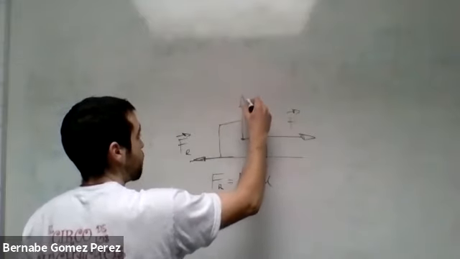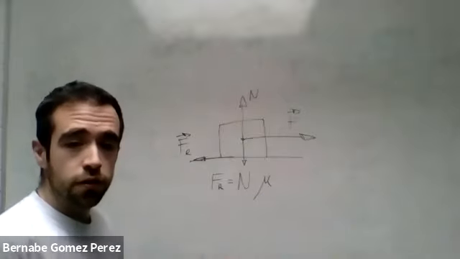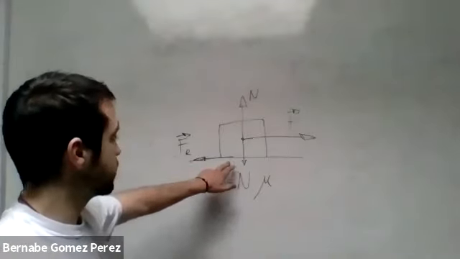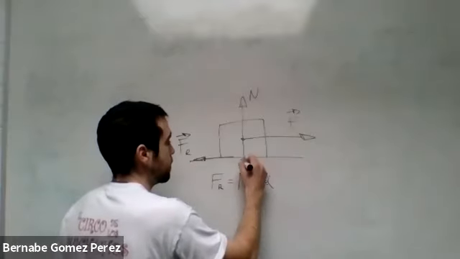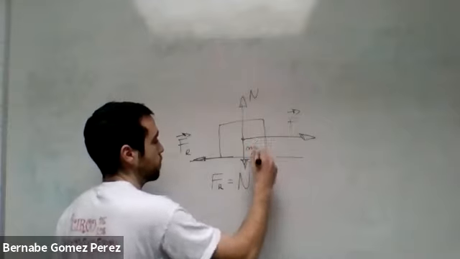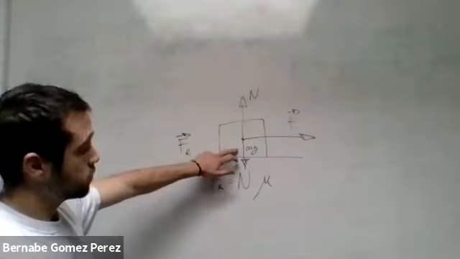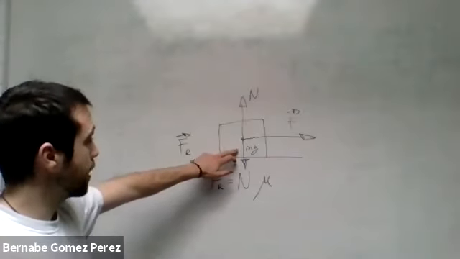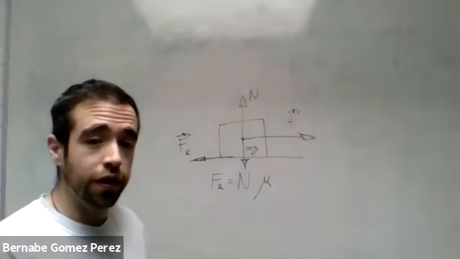Because this normal force is nothing but a reaction from the ground or surface, reacting to the weight of the box, which is mg. So we always relate normal force to weight, and then we can relate this normal force to the friction.